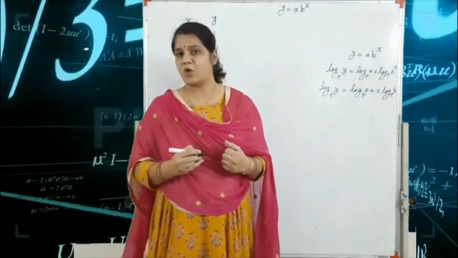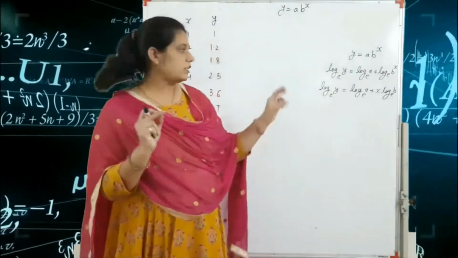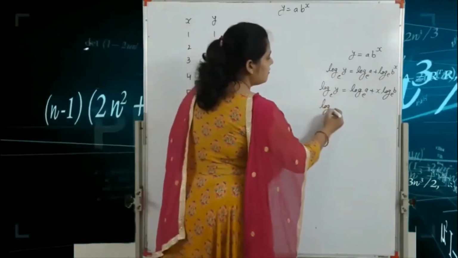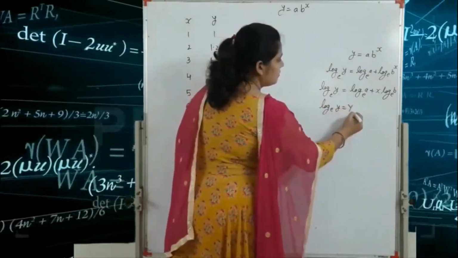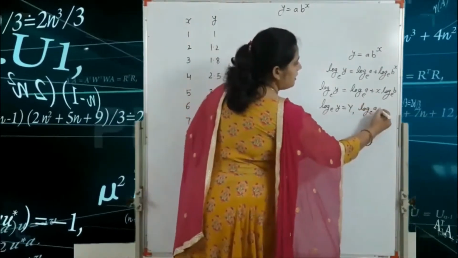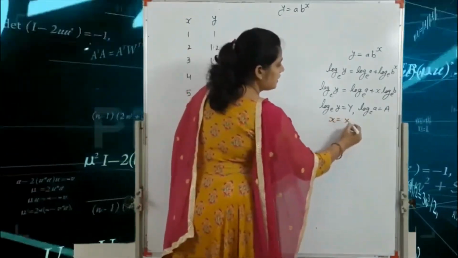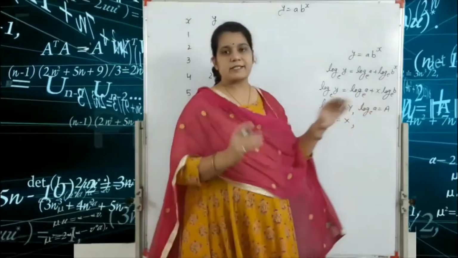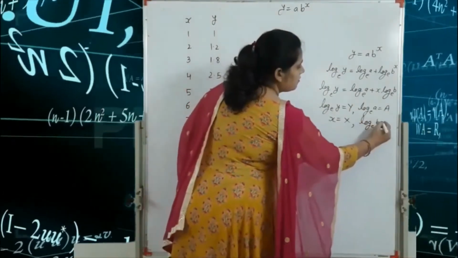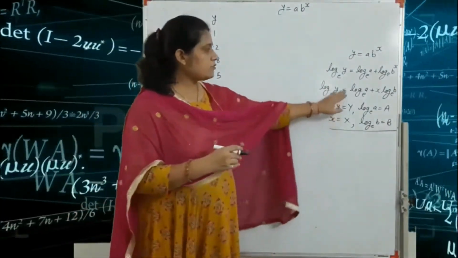Next step is what? Consider all these values in the capital letter form according to their small letter. So we take log base e small y is equal to capital Y, log base e small a is equal to capital A, small x is equal to capital X because here small x is unknown, and log base e small b is equal to capital B. Okay, put all these values in this equation.